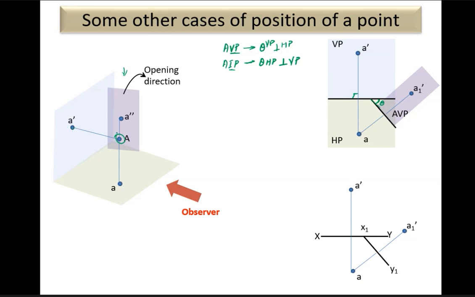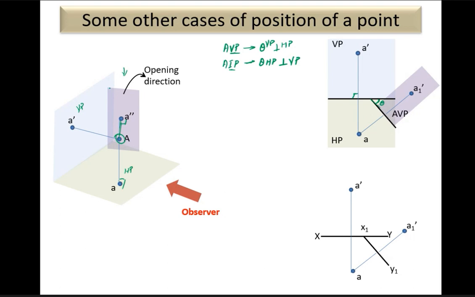So this line is perpendicular to VP. This line is perpendicular to HP. And if we have to project our point in any auxiliary vertical plane, the projected line should be perpendicular to this auxiliary vertical plane.